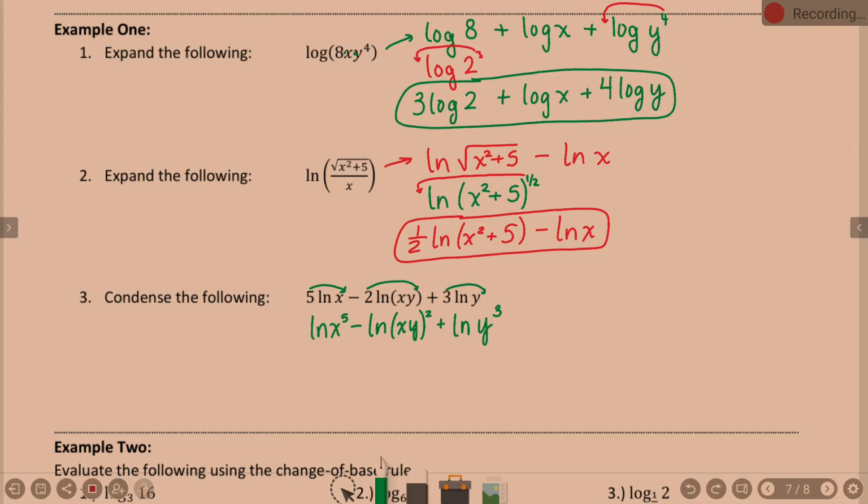What are we still going to have hanging out here? Another term being added. So what are we going to have to use then? The product rule, yes? Now, there's no right or wrong way to teach this that well. There are wrong ways to teach this, but there's not just one right way to teach this.